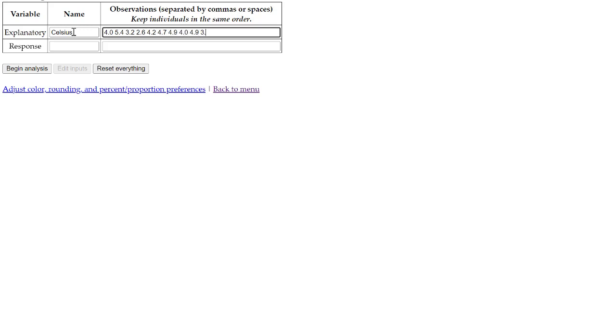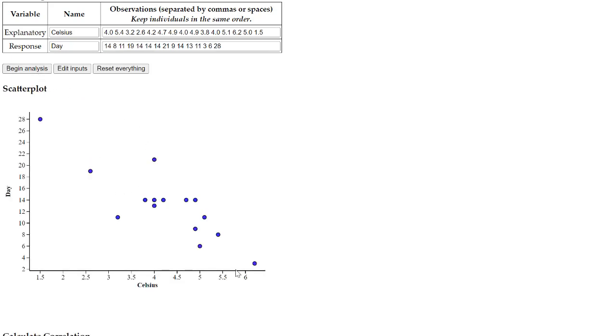Sorry, it would have been nice to have this with a copy paste. And then the day. And that should be right. Hopefully there are no typos in there. There you go. There's the data.